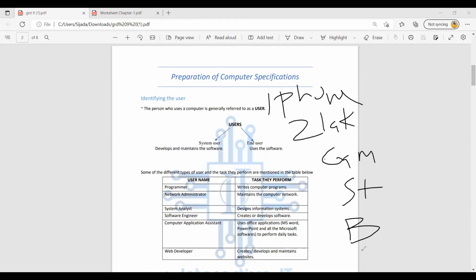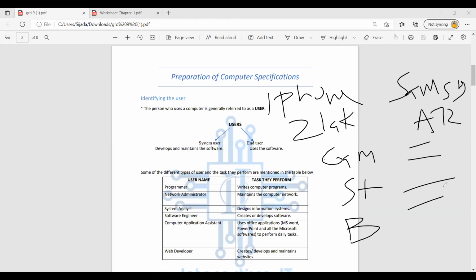Same thing with Samsung, the latest one, maybe the A version, the A72. It has equal camera quality, equal storage, equal battery, everything is similar. But when you take this A version, the price is lesser than the iPhone price. The reason is the specification of the computer or the device.